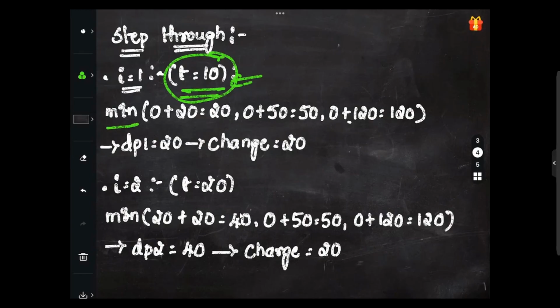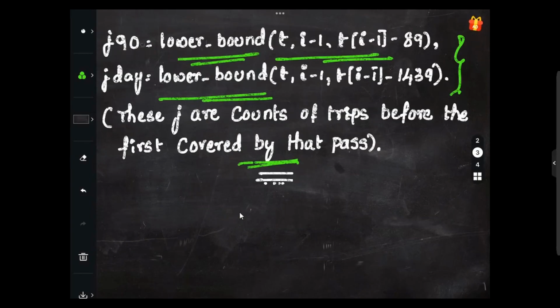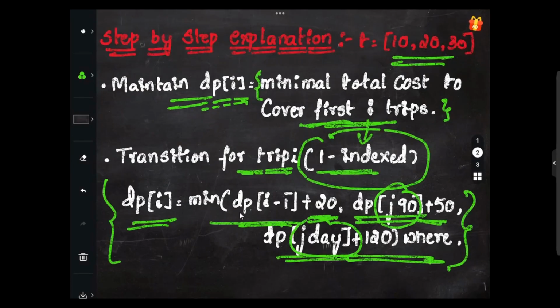So we'll go with the formula I showed here: min of dp of I minus 1 plus 20, dp of j90 plus 50, which is for the 90-minute ride, and this is for one day. J day is nothing but the one-day ride, 1440 minutes, and the charge will be 120.